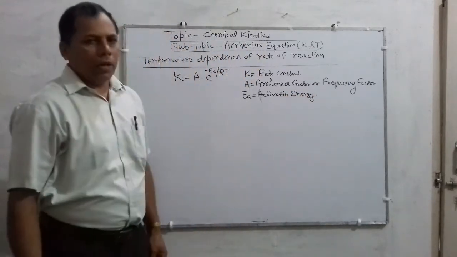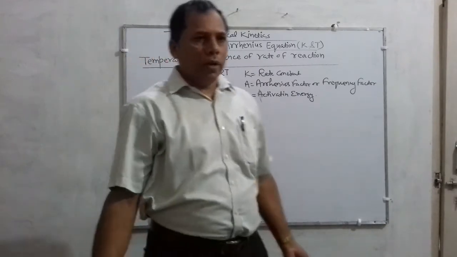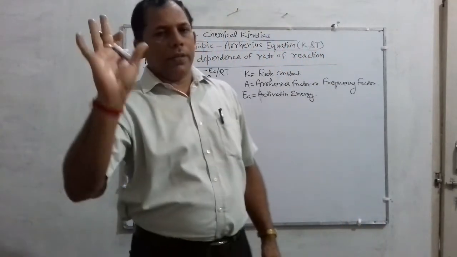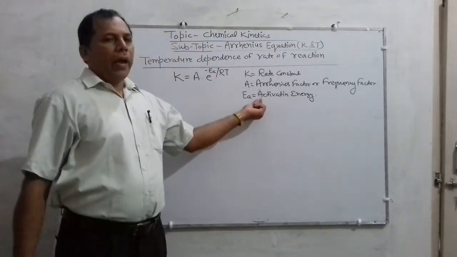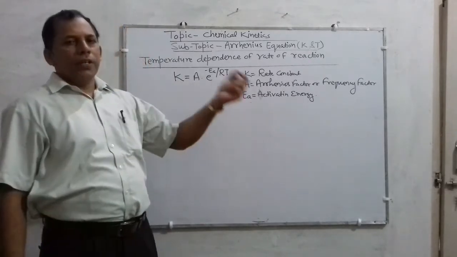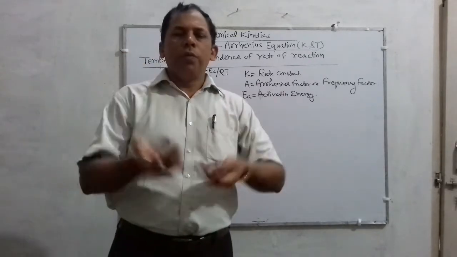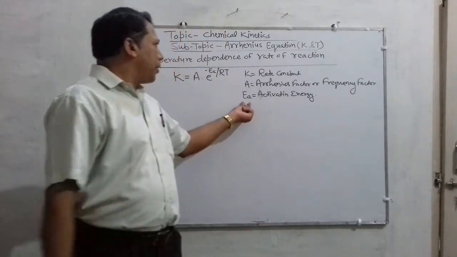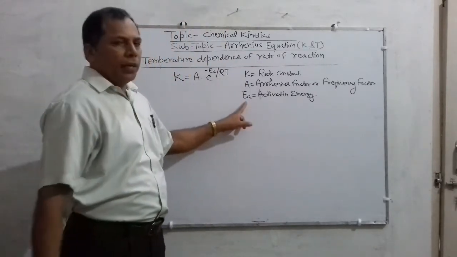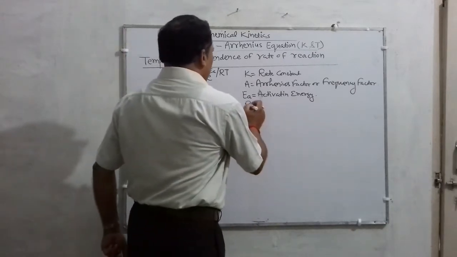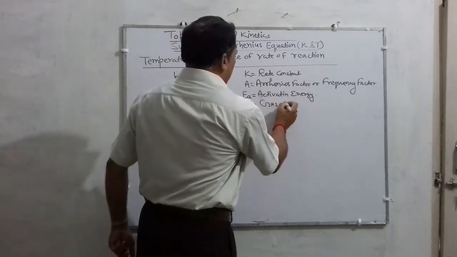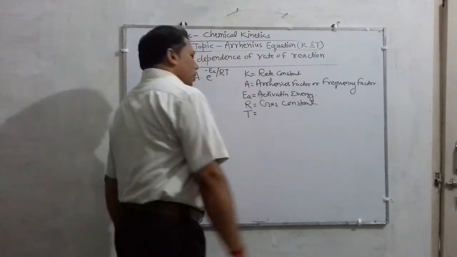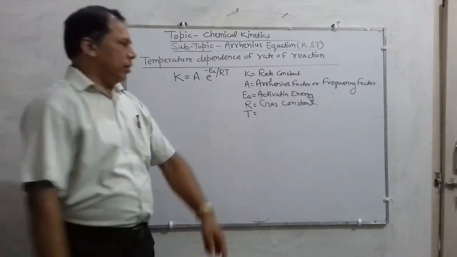And as you know, activation energy is the energy which is required to form the activated complex or intermediate complex. It is represented by Ea. R is a gas constant, and T is the temperature in Kelvin scale.